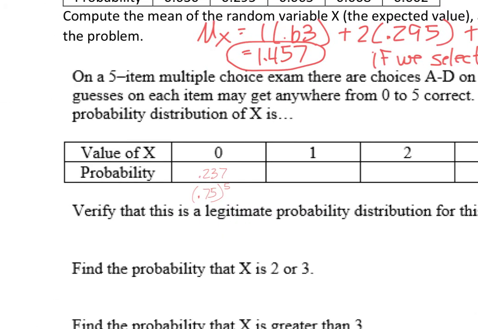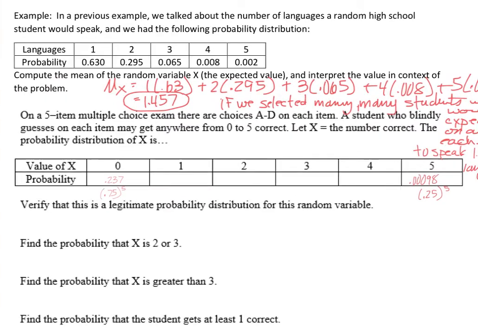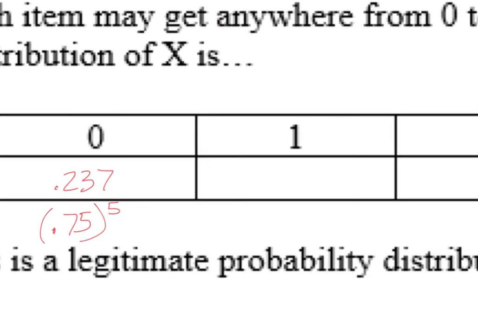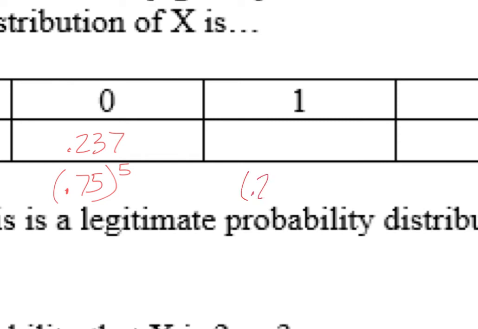And this leads to an interesting idea if you look at these two boundary probabilities that we talked about in Chapter 5. You have a 25% chance of getting it correct. You have a 75% chance of not getting it correct. So that begs the question, what's the probability of getting one question correct? Well, that means I can get one question correct, so 0.25 to the 1st power, but I got to get the other 4 incorrect, and there's a 75% chance of doing that.